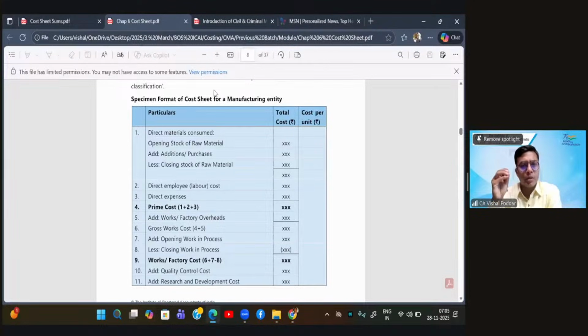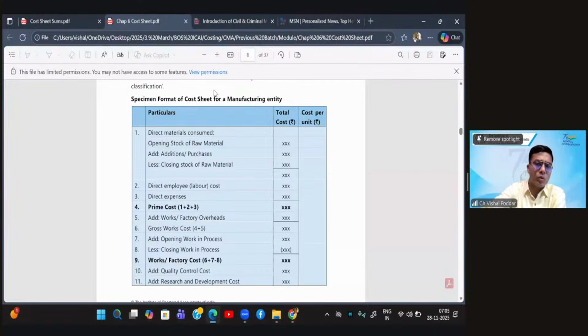When you study this cost sheet format, you will realize a beautiful flow of how the cost is determined and presented for the purpose of further cost ascertainment, decision making, and even price fixation.